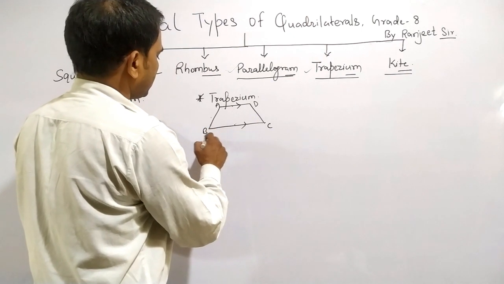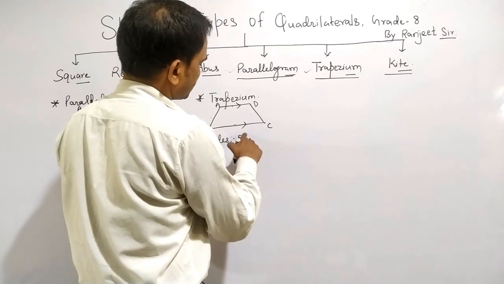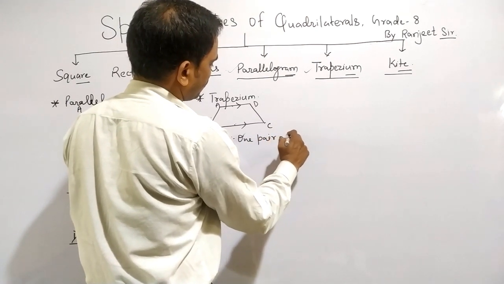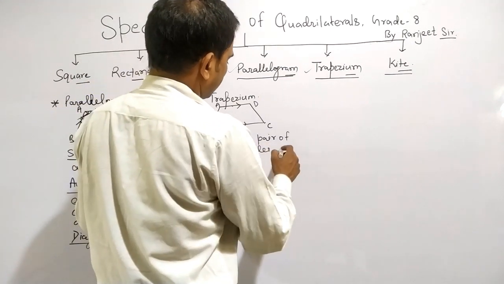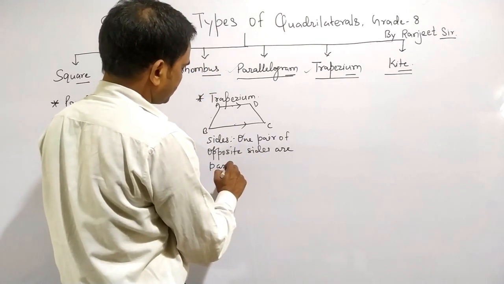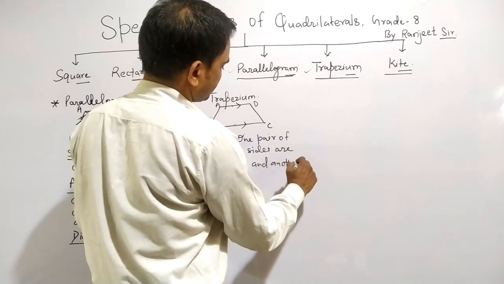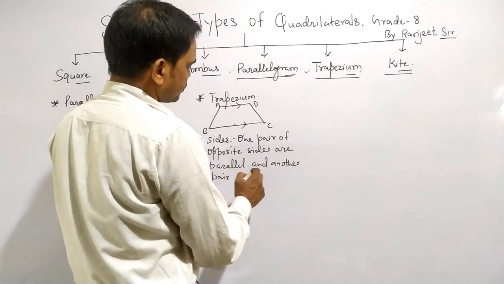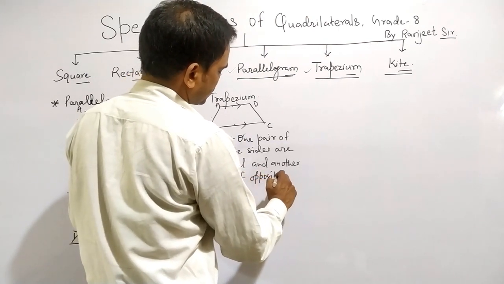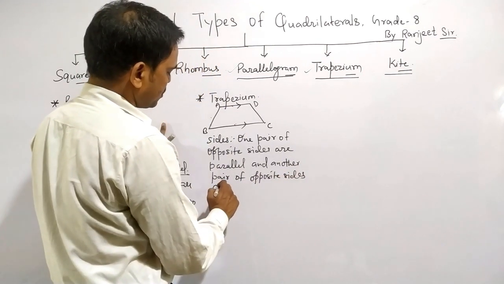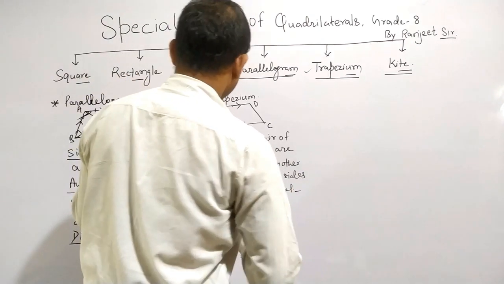For the sides you can write: one pair of opposite sides is parallel and another pair of opposite sides is non-parallel.